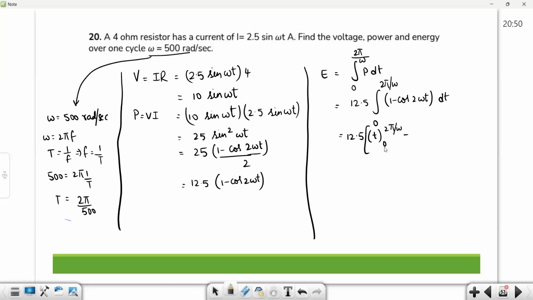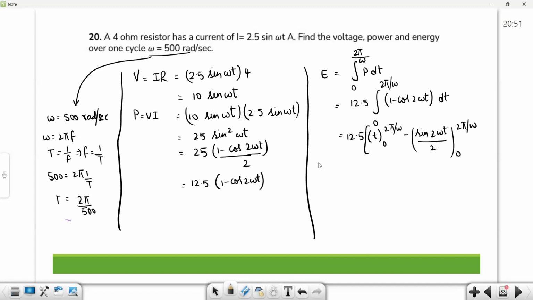Minus, the integration of cos 2 omega t will be sine 2 omega t by 2, and the limits are 0 and 2 pi by omega.